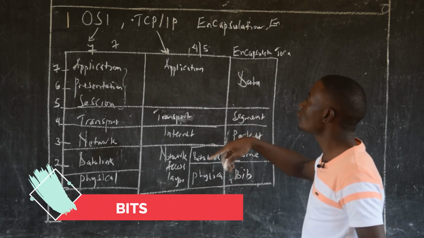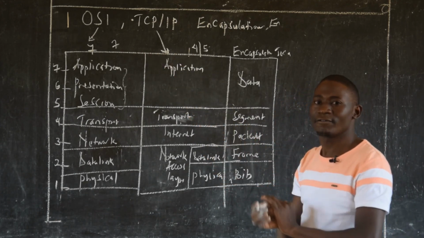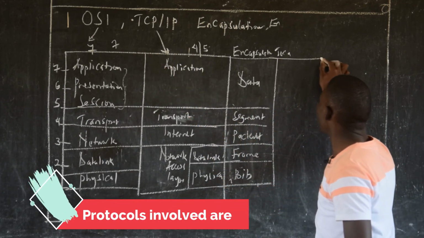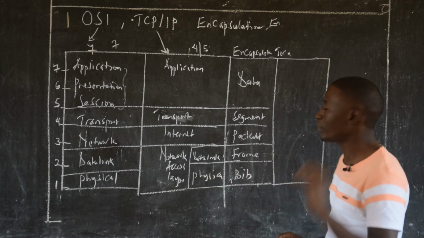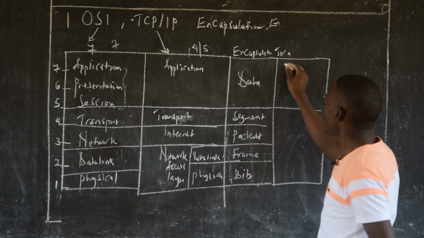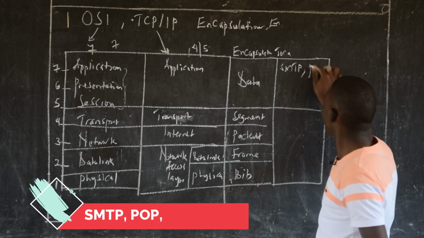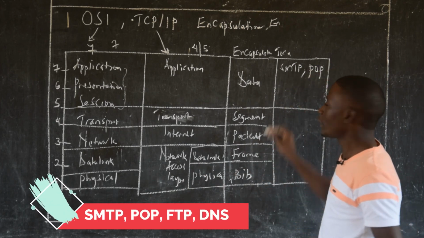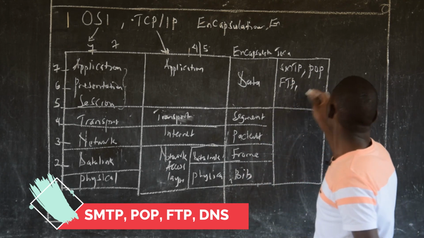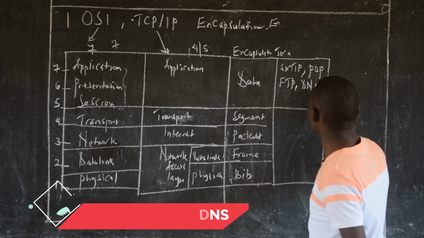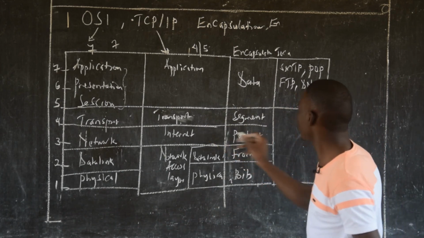So that's how the message travels from device A to device B, and some of the protocols that are involved in that are given here. Let me summarize some of them. We can have the Simple Mail Transfer Protocol, the Post Office Protocol, the File Transfer Protocol, and the DNS, Domain Name System, etc. Then we come to the transport layer.